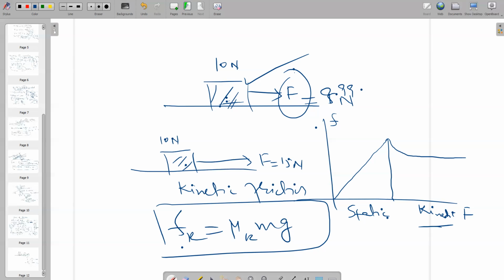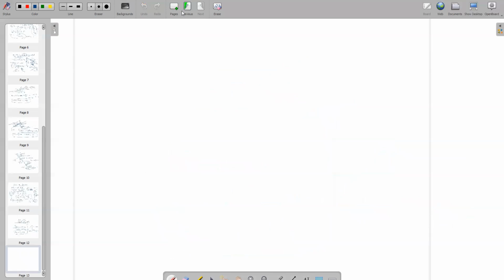After this, you can understand this concept in another way. This is the body B and this is the body A, which is moving over it. If you are applying a force in this way, the frictional force is always tangential along the surface. Suppose A is moving forward towards the right.